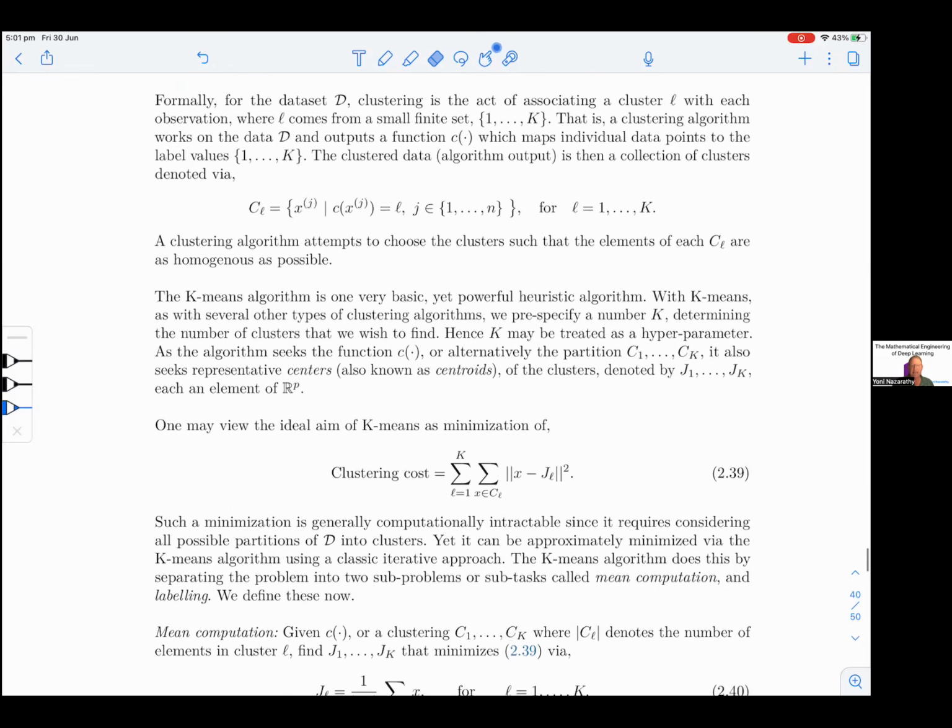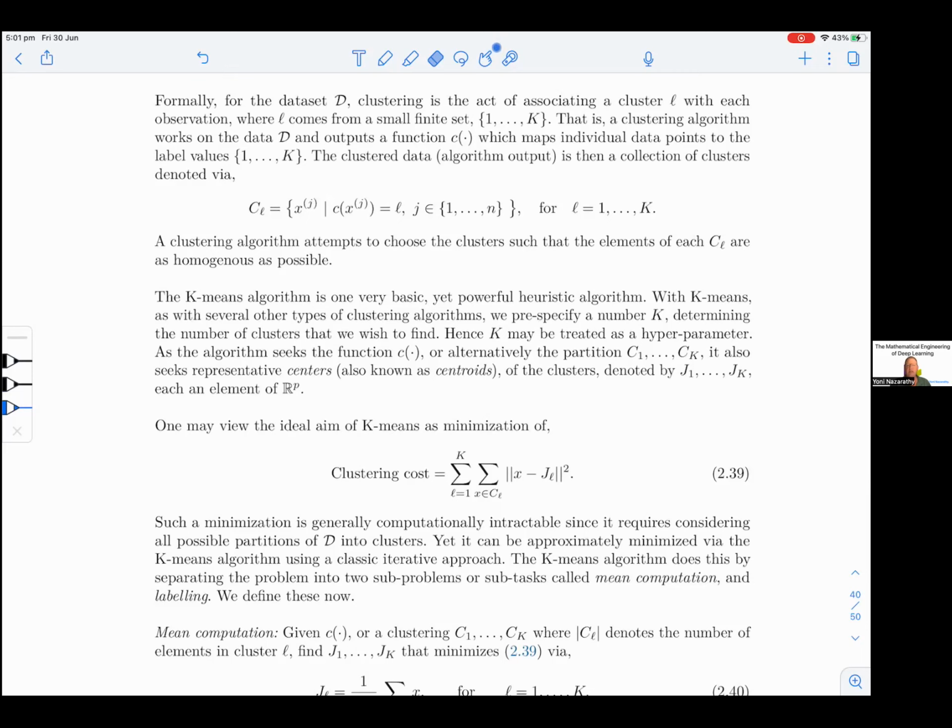Formally, for the dataset D, clustering is the act of associating a cluster L with each observation, where L comes from a small finite set, 1 through k. That is, a clustering algorithm works on the data D and outputs a function C, which maps individual data points to label values, 1 to k.